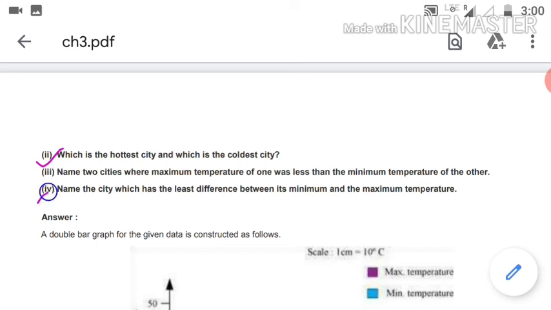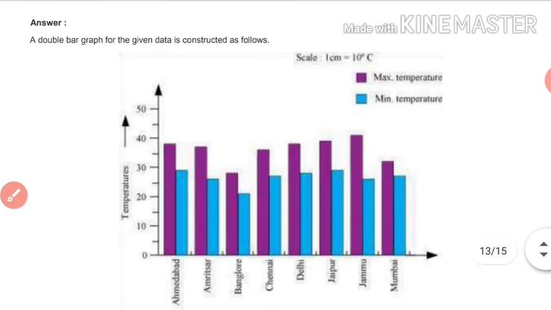Now question 4: Name the city which has the least difference between the minimum and the maximum. When you draw the graph, you will get the answer.